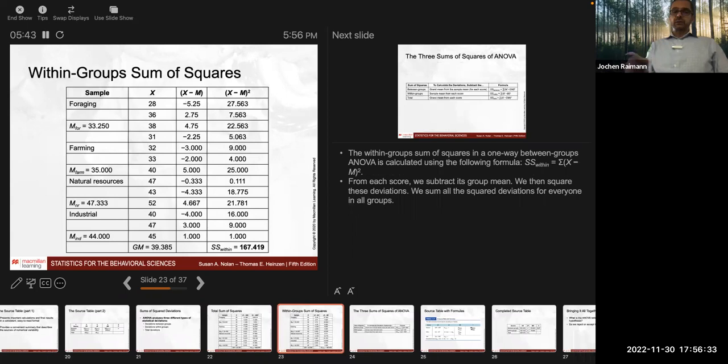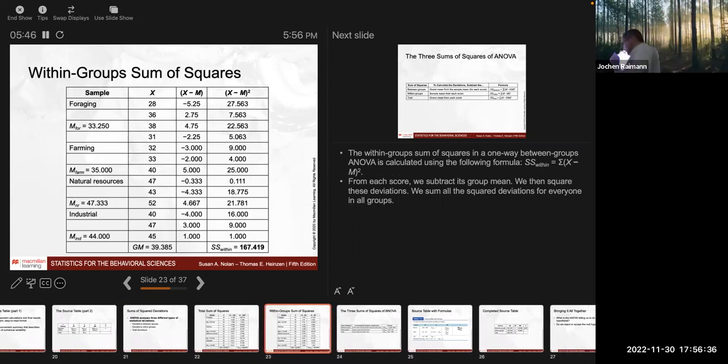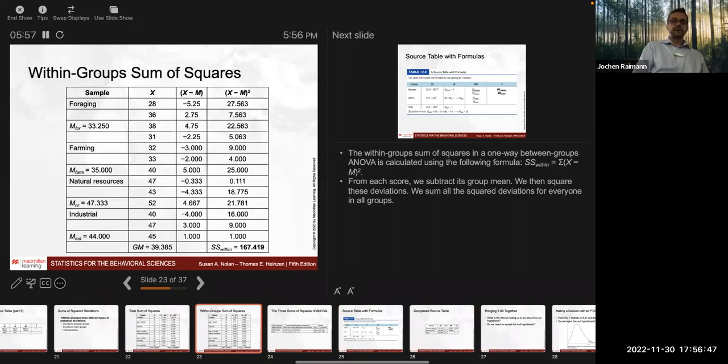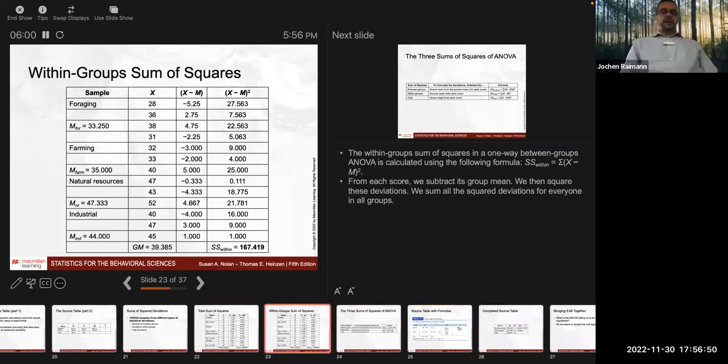The within group sum of squares is x minus the individual group mean. And the between groups sum of squares is the mean for each group from the grand mean. We will do that in a second.